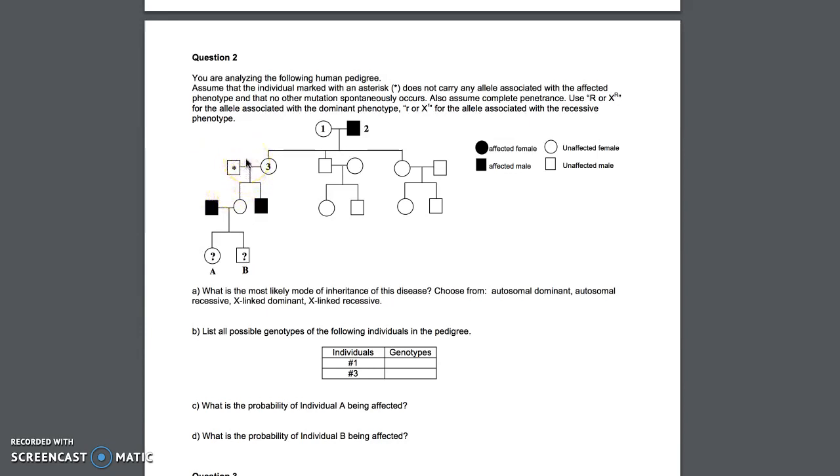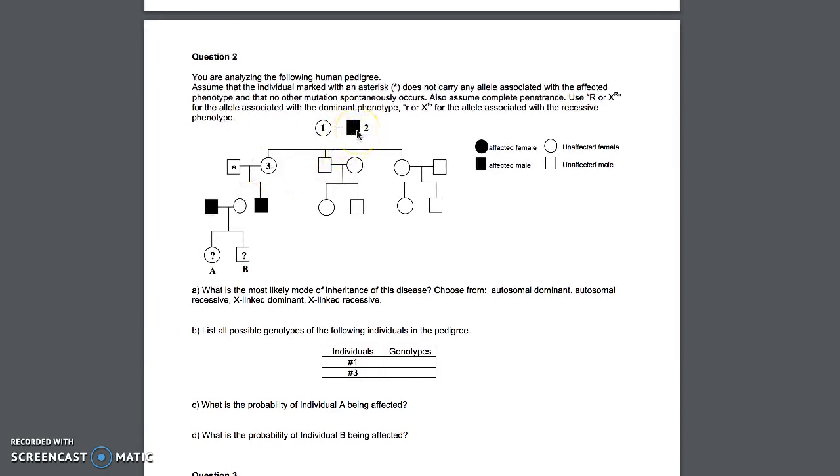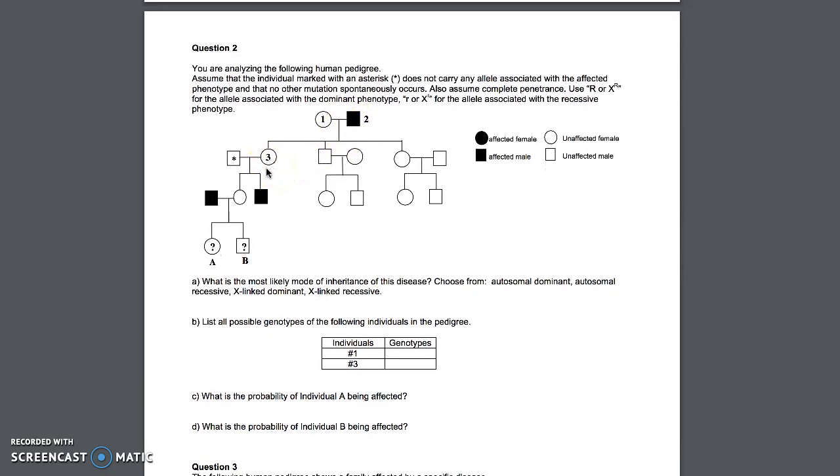And that information tells us that it is X-linked, and it is X-linked because you get your X from your mom if you are a male. Okay, and if we go back, mom is a carrier through her dad. So dad passed on his recessive X to mom.